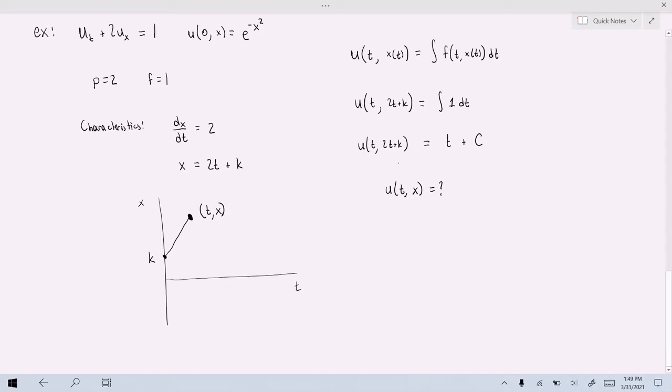Now we know that our solution along this characteristic is going to be of the form t plus some constant.